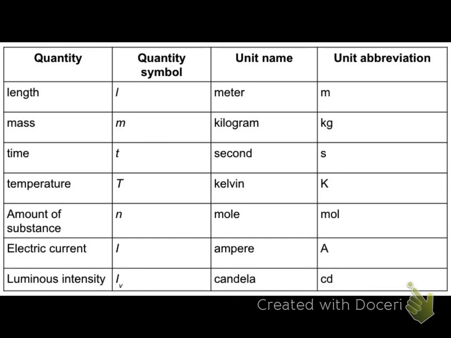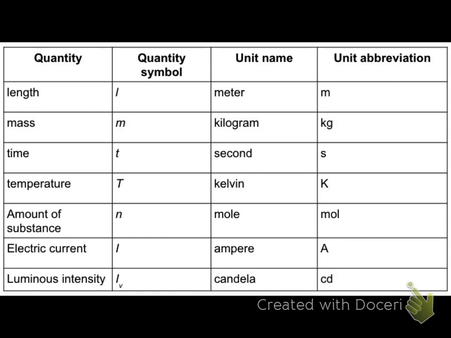This is the base unit. I'm going to talk to you about what that means when we talk about prefixes here in a moment. But this is the base unit. And the abbreviation we use for it is a lowercase letter m. So if you were going to write out 20 meters and you didn't want to write the full word meters out, you would abbreviate it with a lowercase m.